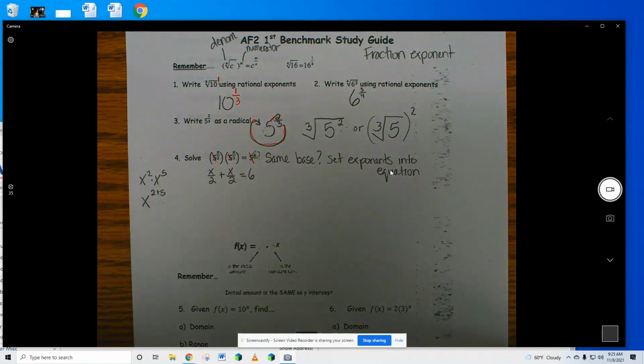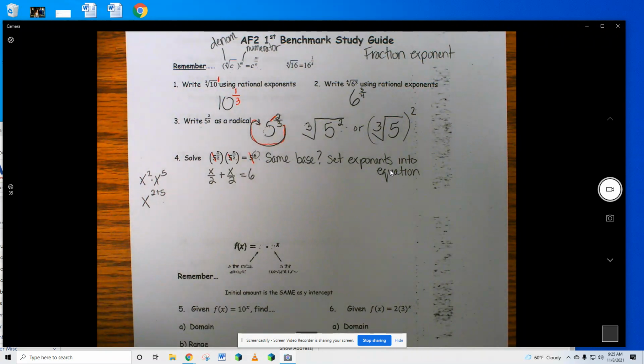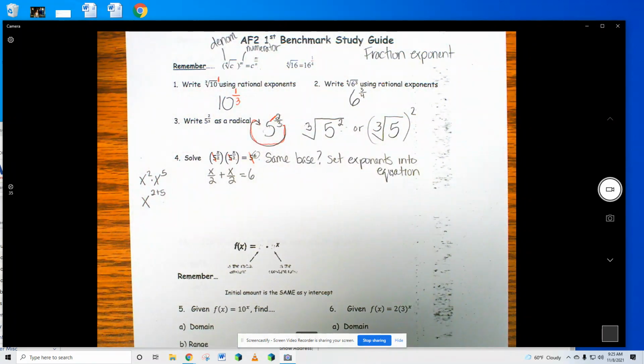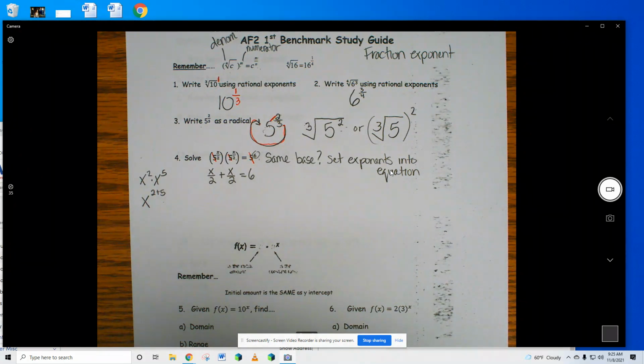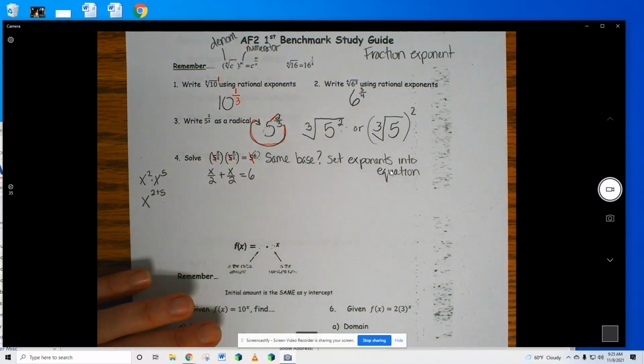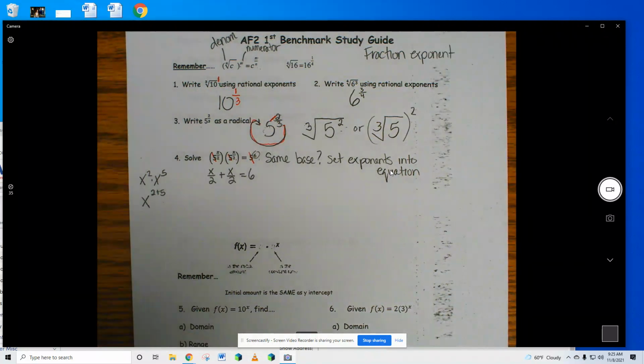How do I clear fractions? How do I get rid of those 2s? I don't want to divide anything. I can't divide x divided by 2, a variable, by a number. I want to get rid of those 2s at the bottom. I don't want to cross cancel. Multiply?